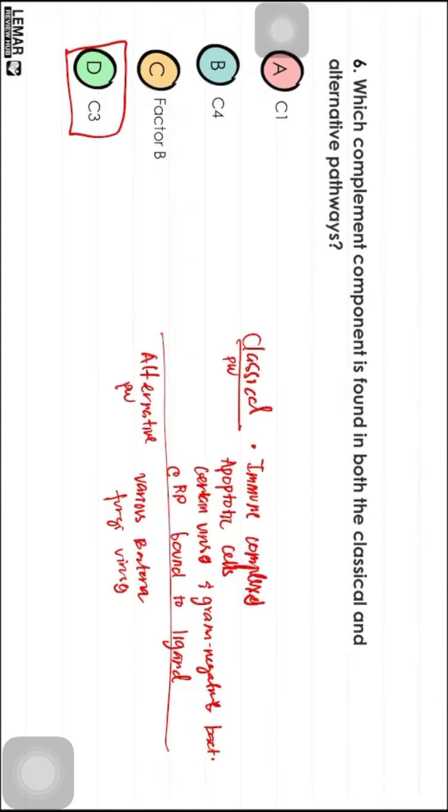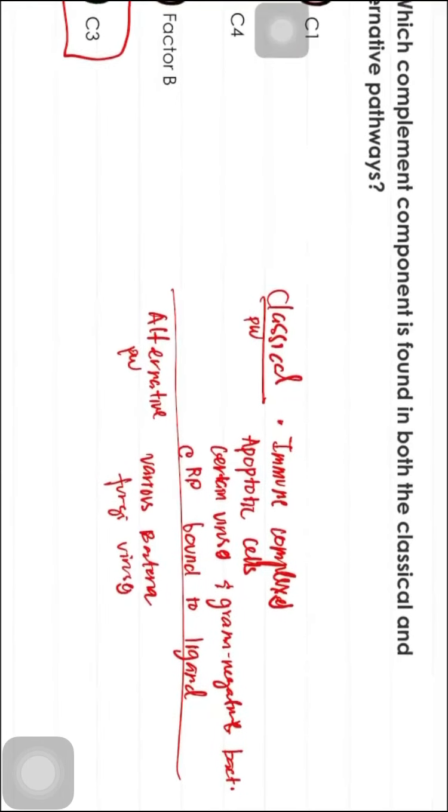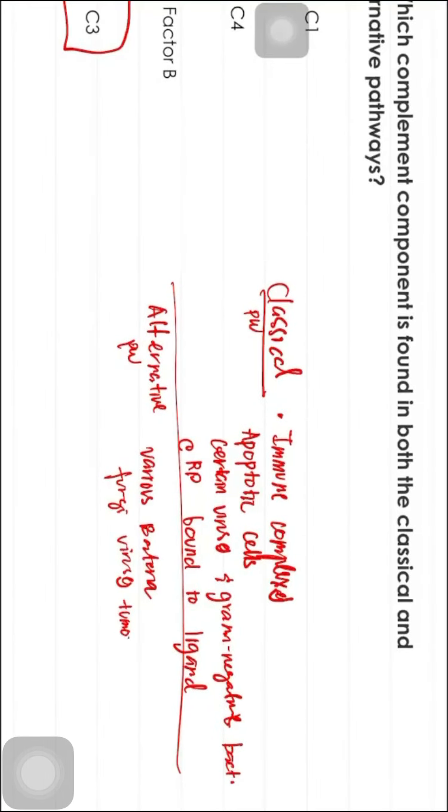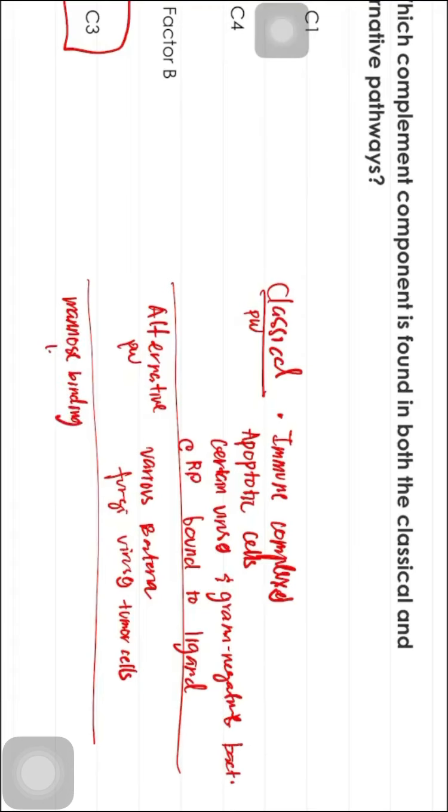We also have the mannose binding lectin, your MBL, which is initiated by microbes with terminal mannose groups.